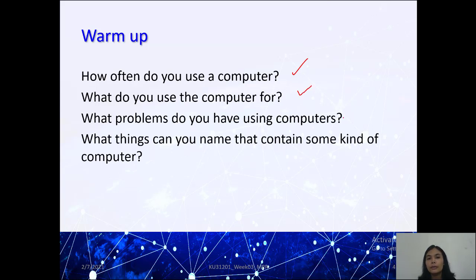What problems do you have when you are using computers? And what things can you name that contain some kind of computer in them? I cannot give you an example, but think of these questions, and for the answers, I want you to post them in our discussion forum in eCourse for week 3. Okay, so post your answer for this warm-up question in our eCourse forum for week 3.